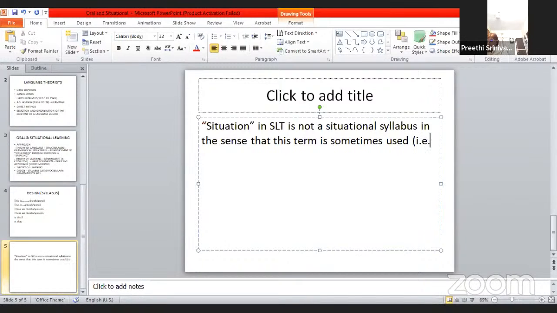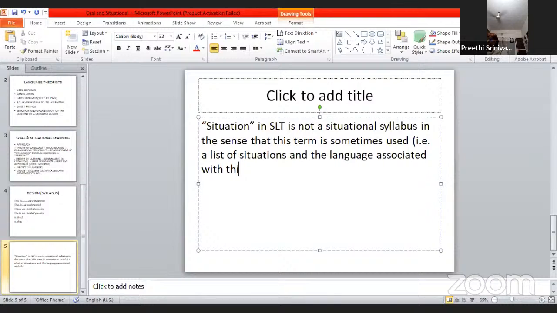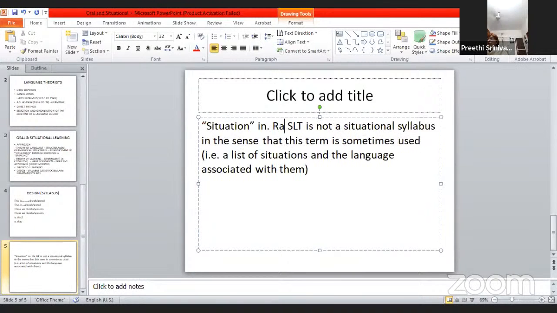That is, a list of situations and the language associated with them. As I told you earlier, when this, at the bank, at the reception, this is there in the communicative approach. Situations are given in the communicative approach, but in the situational language teaching, situation rather refers to. Oh, sorry.